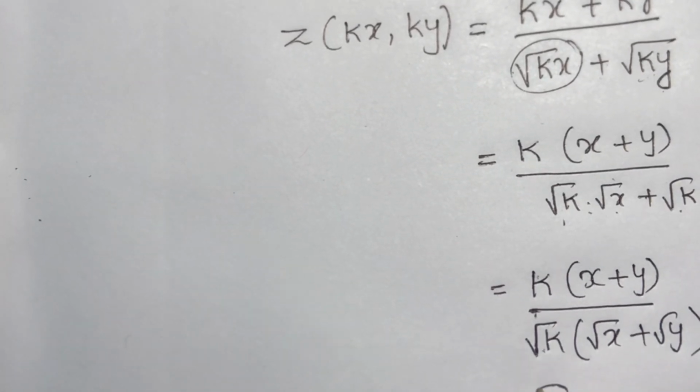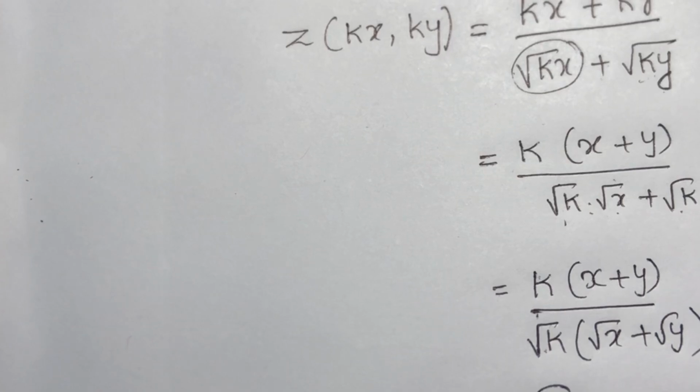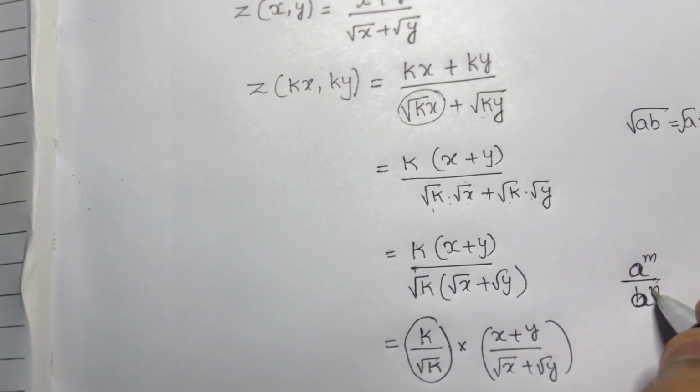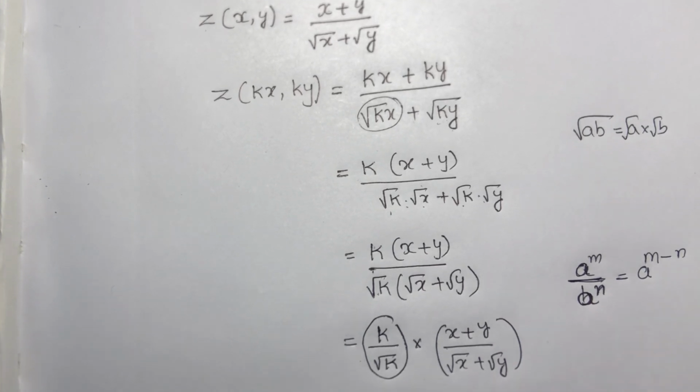If you observe this term, bases are equal, so powers are subtracted. The rule is, when a to the power m is divided by a to the power n, bases are equal and division is there, so we subtract: a to the power of m minus n. This is the law of indices.